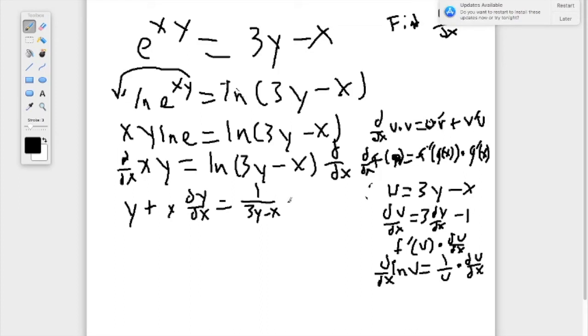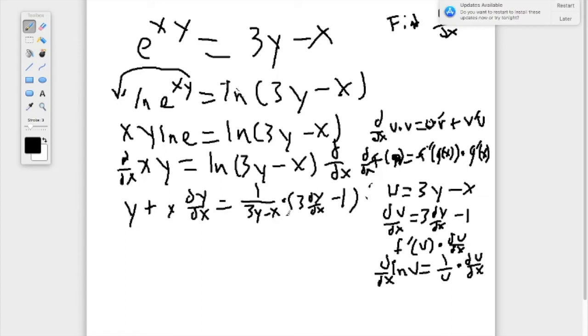So that's basically what I'm trying to show. So we have our u here on the bottom, and then we have our du dx here, which is 3 dy dx minus 1.